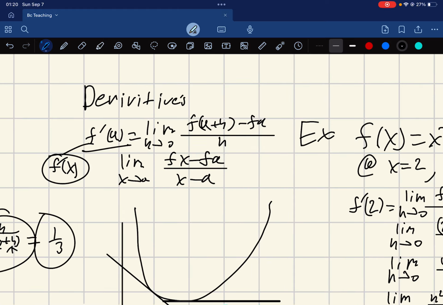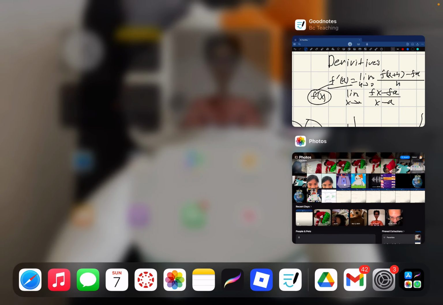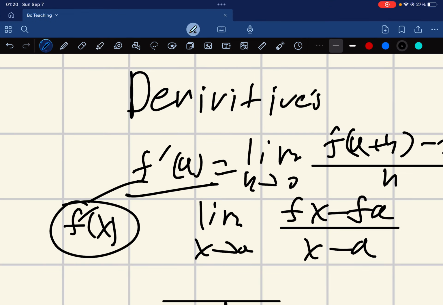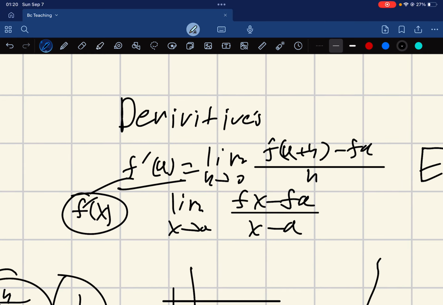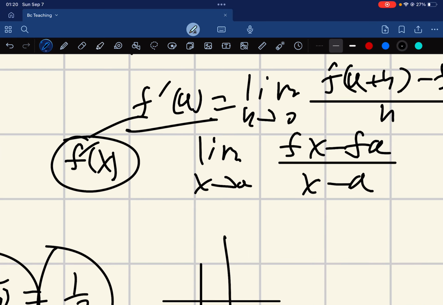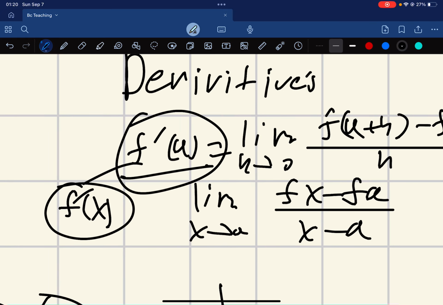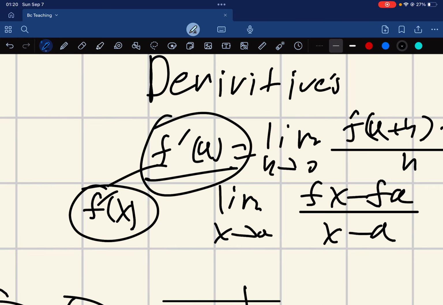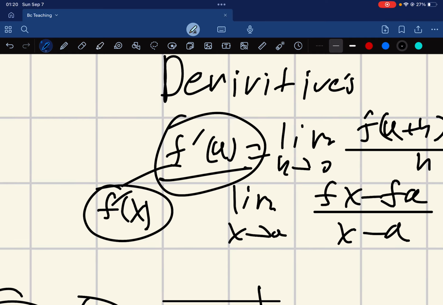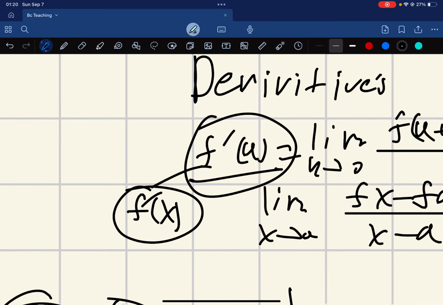Our next topic or section is about derivatives. So again, it's the same two formulas, but this time you're given this special notation which represents your derivative at some a.